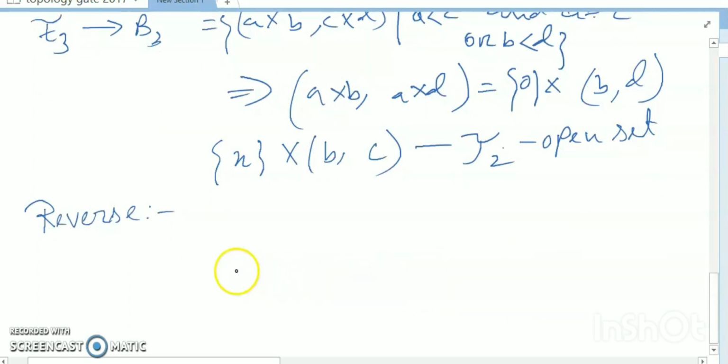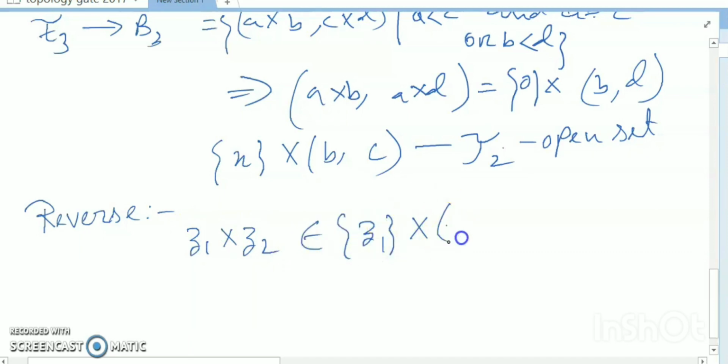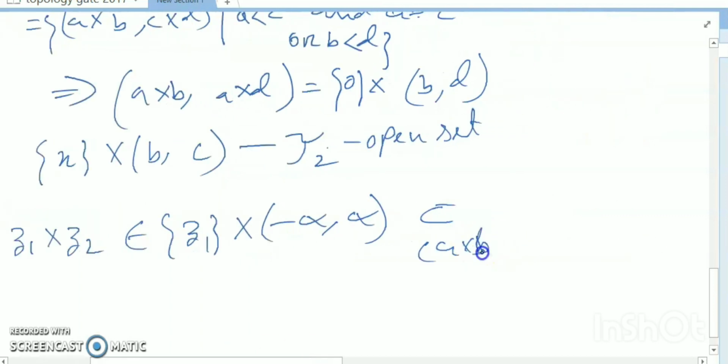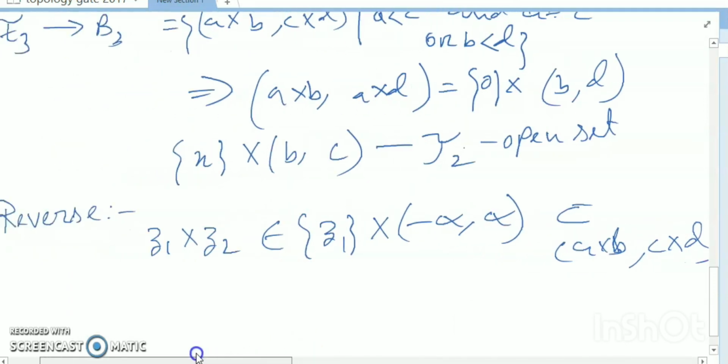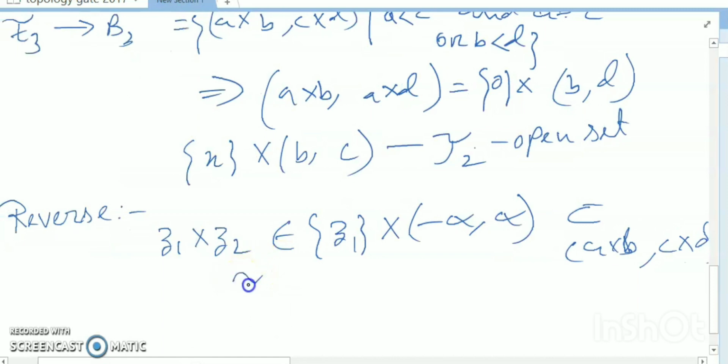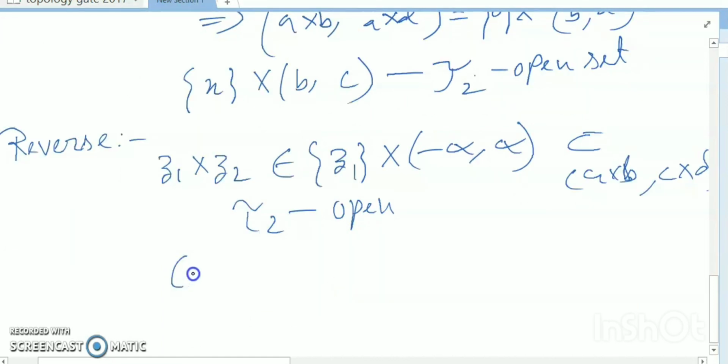So reversing, Z1 cross Z2 belongs to minus infinity comma infinity, A cross B comma C cross D. So A cross B comma C cross D is also tau 2 open.